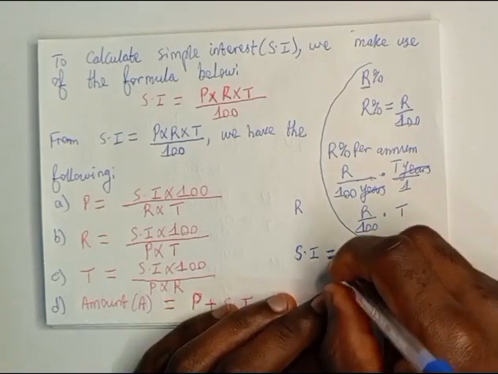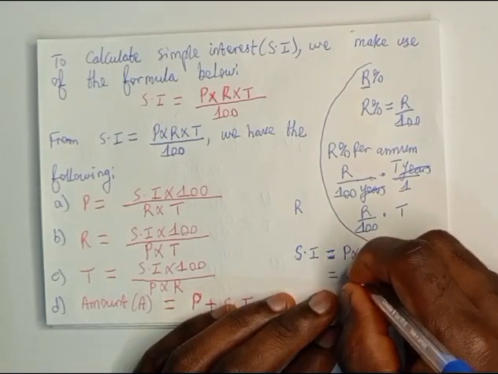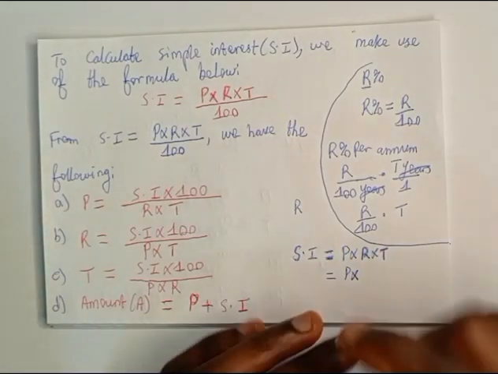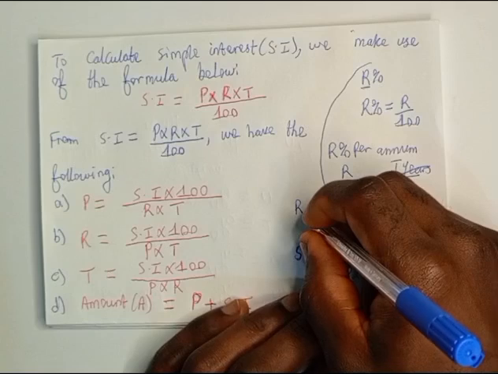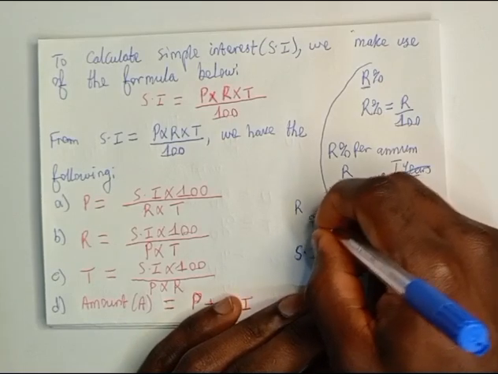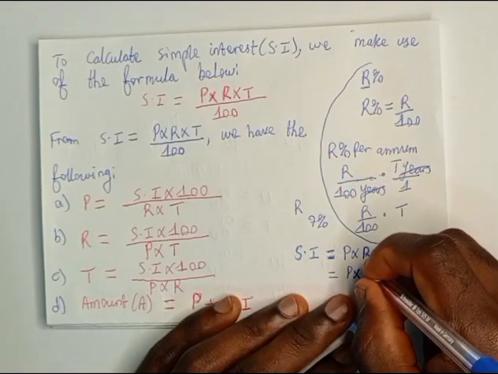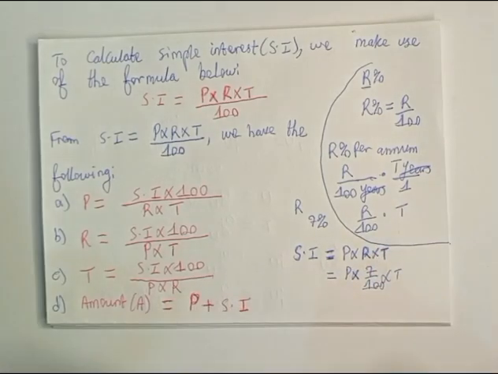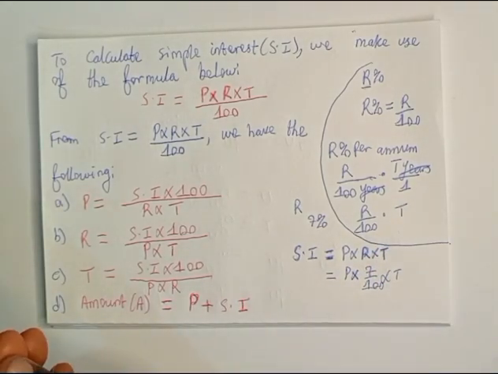So when answering such a question, you must always express the rate as a percentage. That is, if you are given a rate of 7%, you express the 7% as 7 over 100 times the time. You take note of this.